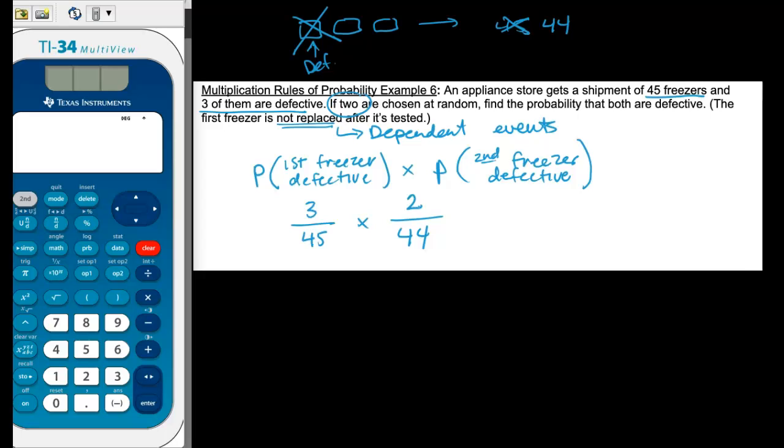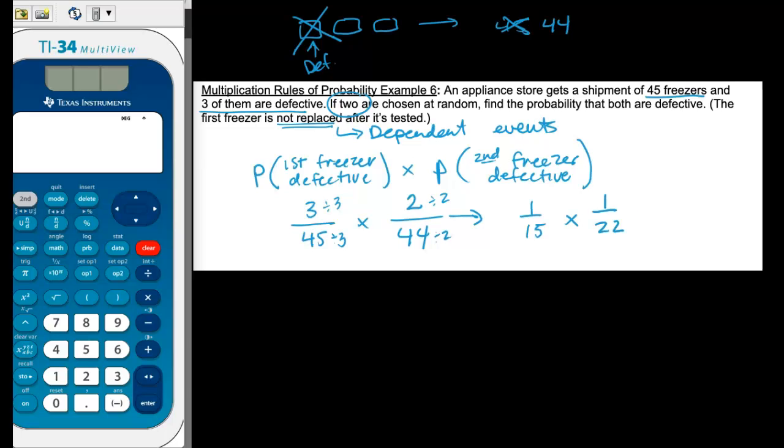And so just like before, it doesn't hurt to try to reduce these first. You could reduce these by hand. You could divide these both by 3, or you could put it in your calculator. If we do this, we get 1 out of 15. And then we could divide both of these by 2, and we get 1 out of 22.